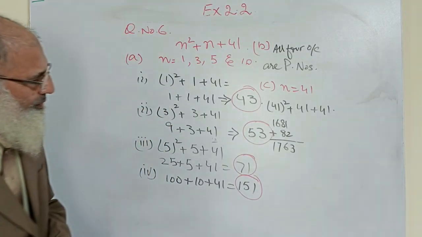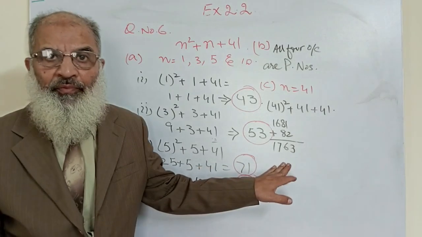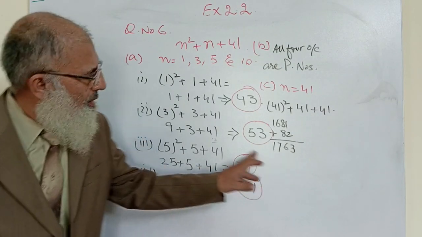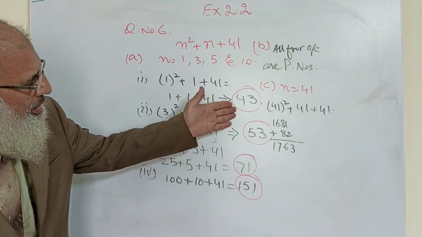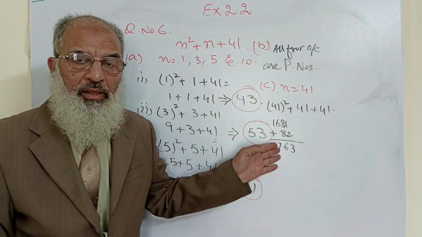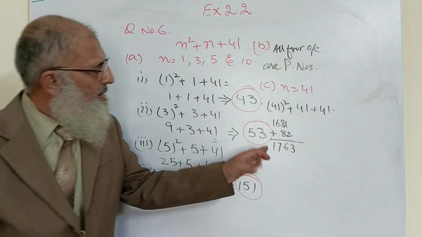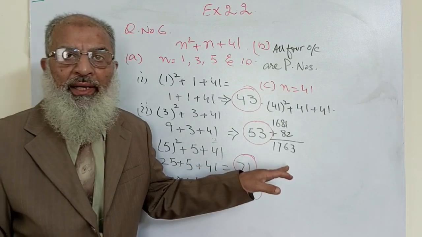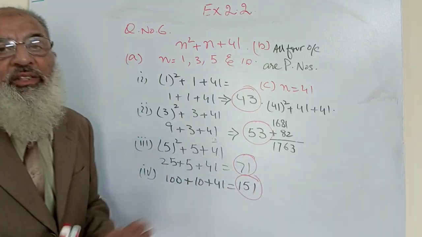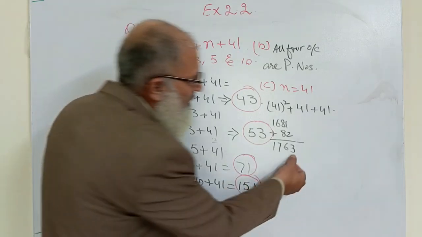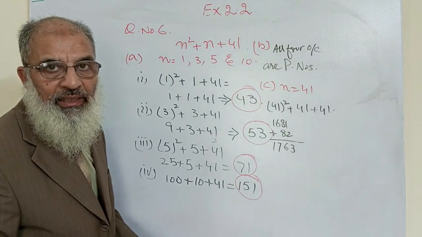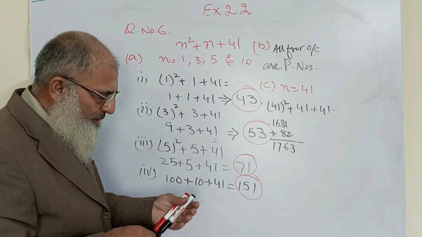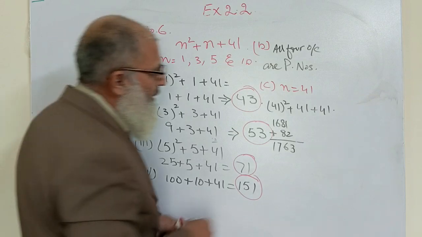And you see, if we check it, is this a prime number, an odd number, or an even number? This is not an even number, because in the last it is 3. Now let me check if it is an odd number.